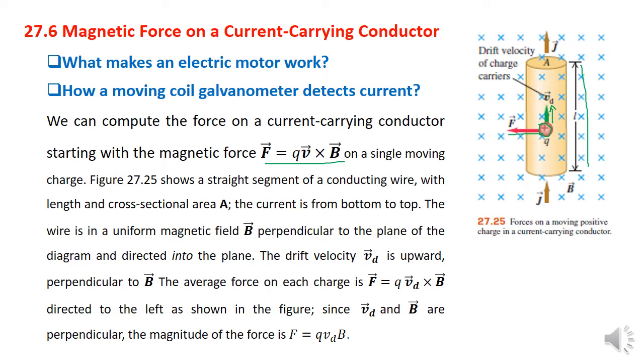Here we assume that v and the magnetic field B have an angle of 90 degrees. So when the angle is 90 degrees, the force will be F equals QvB.